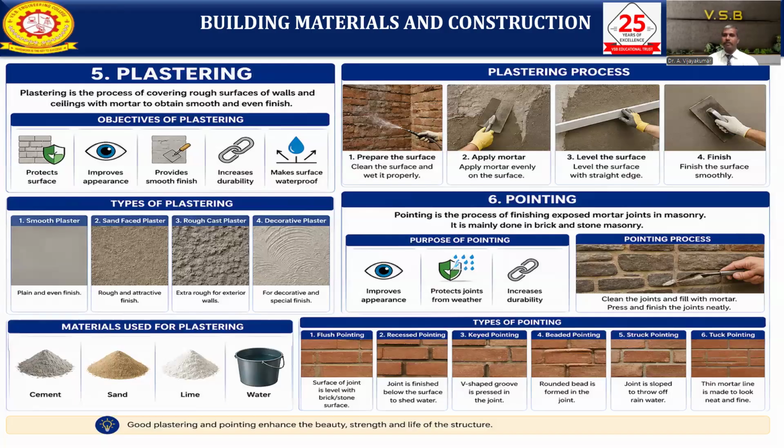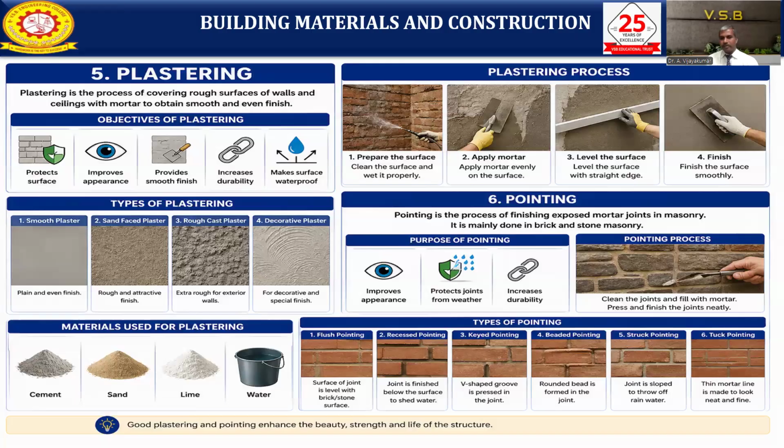Normally used for brick masonry, in flush pointing the surface of the joint is level with the brick or stone surface. Then in recessed pointing the joint is finished below the surface to shed water. Key pointing is a V-shaped groove pressed into the joint.